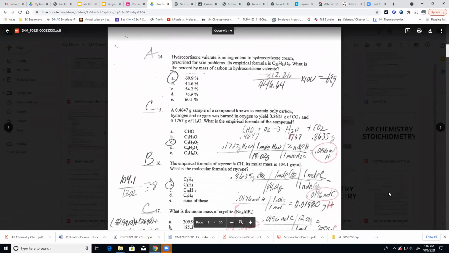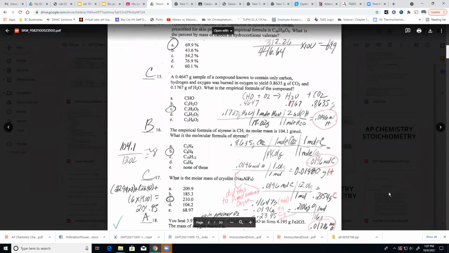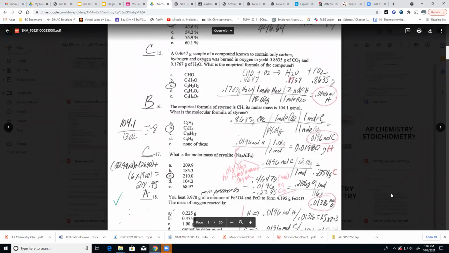Here, a little percent. I think all that work is for 15, if I remember correctly. Now, once again, I'm not saying that my method is the shortest way to get there.